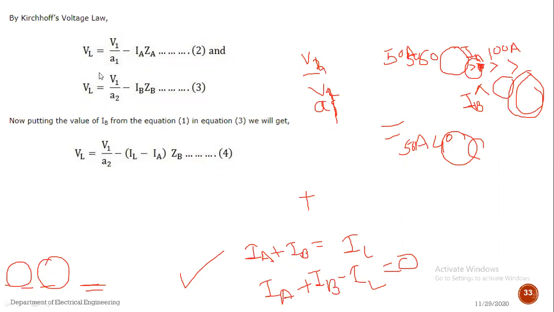Suppose VL is nothing but load impedance. So the induced EMF in the secondary winding of the transformer, ट्रान्सफॉर्मरच्या secondary winding मध्ये induce होणारा EMF जो असेल, so this EMF E is equal to the voltage equation.